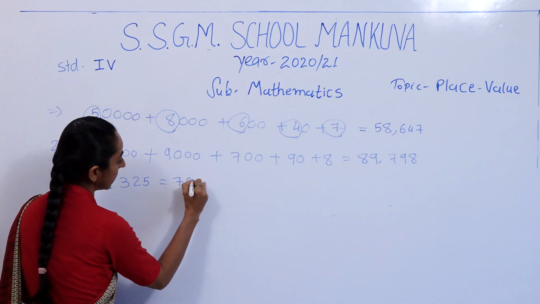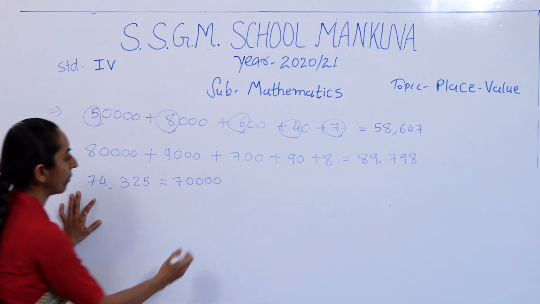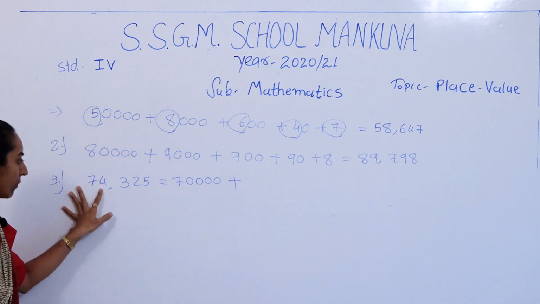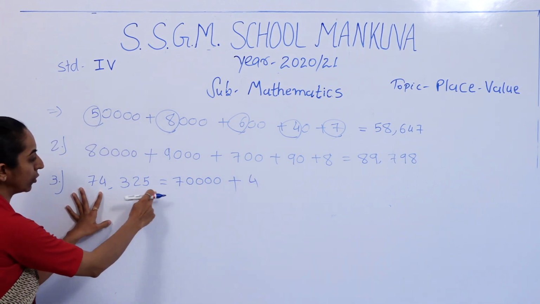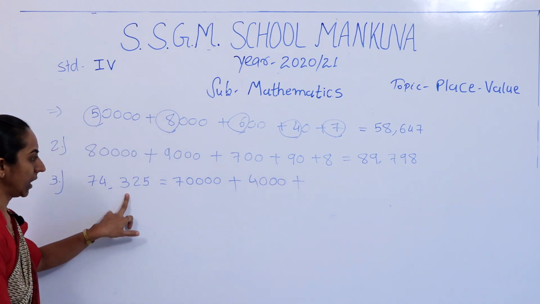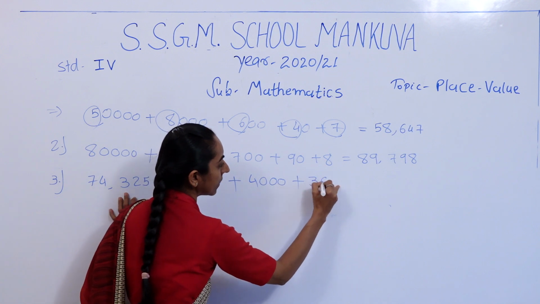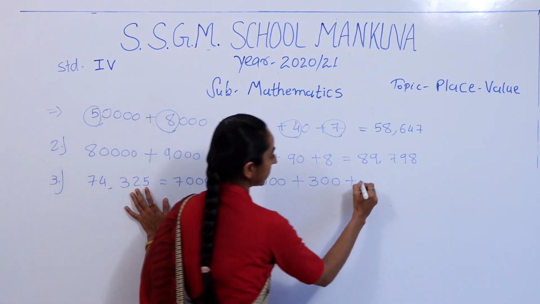After 4 digit counting, we write 4,000 plus, 1, 2, 3, 300, plus 25.